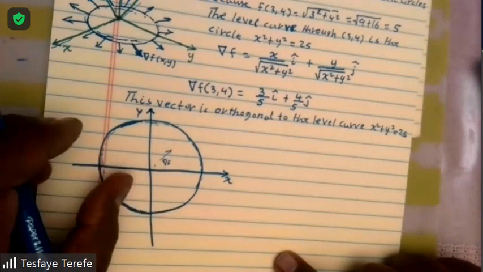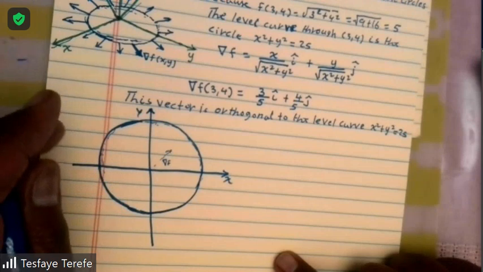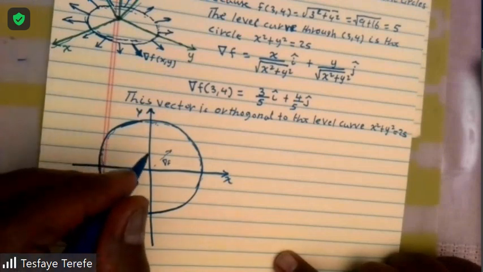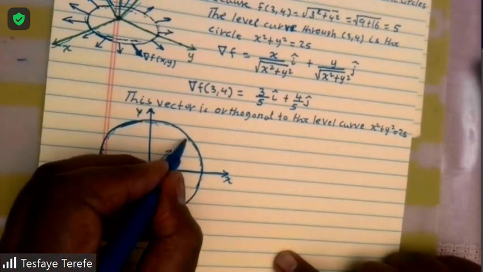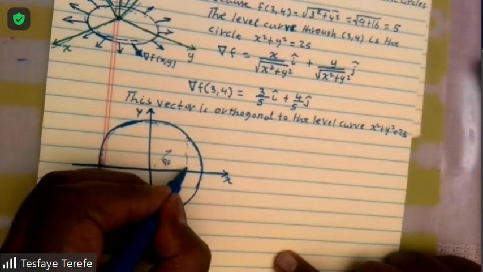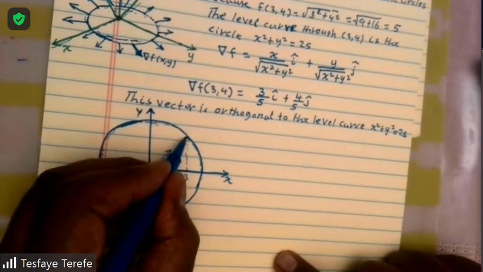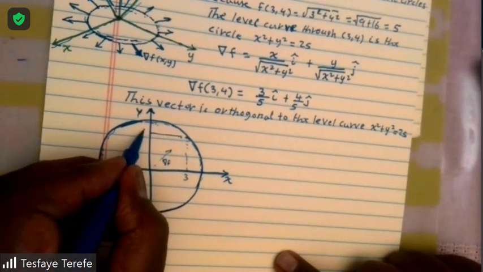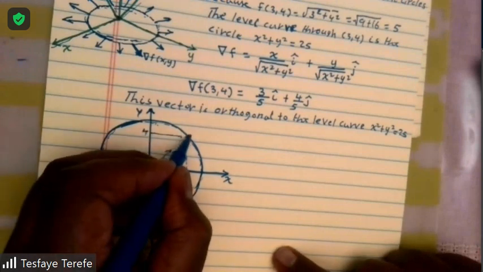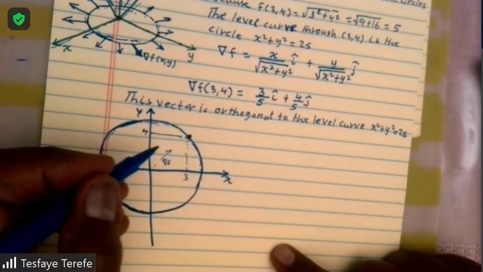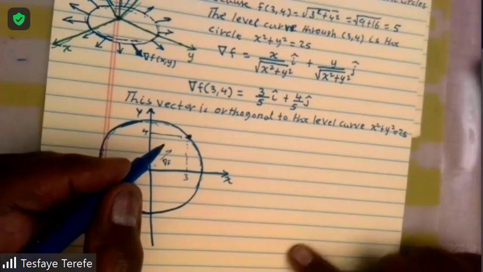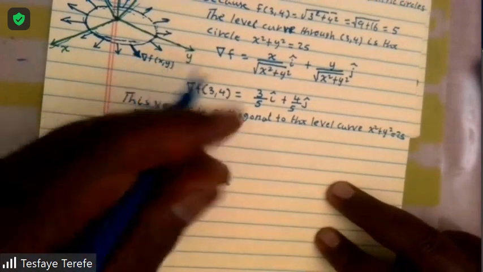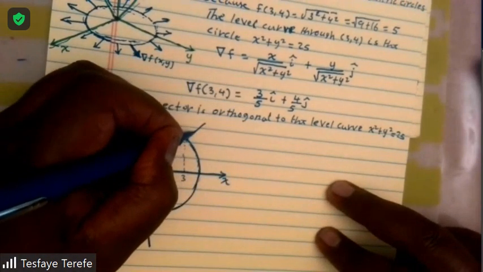Magnitude and the direction. So we are interested in finding the value at 3, 4. If this is 3 and this value is 4, let us assume, and this is the point. And what happened? The gradient vector, this vector, you translate it, it will come over here.